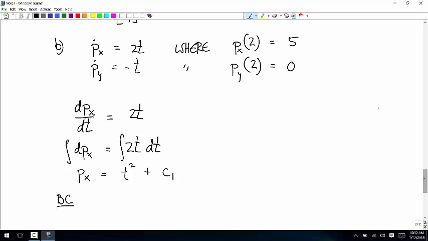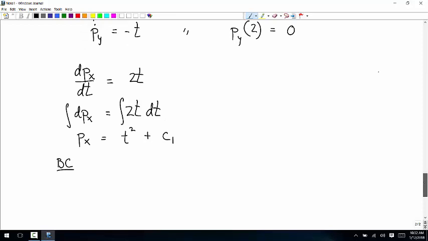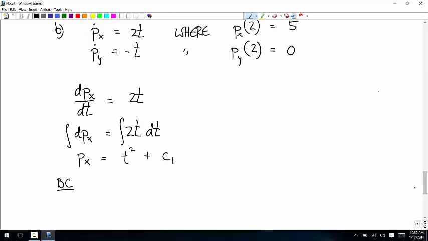Then the boundary condition says 5 is equal to 2 squared plus c1. So c1 is equal to 1. So the position function is t squared plus 1.